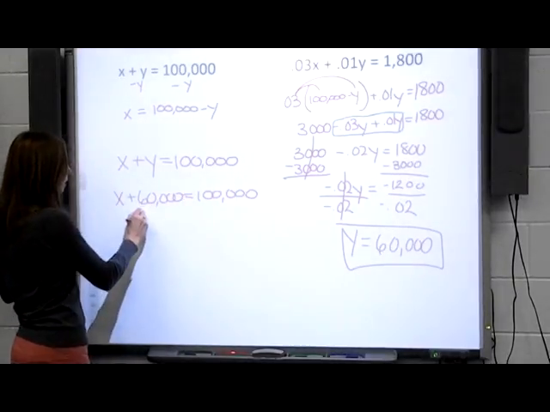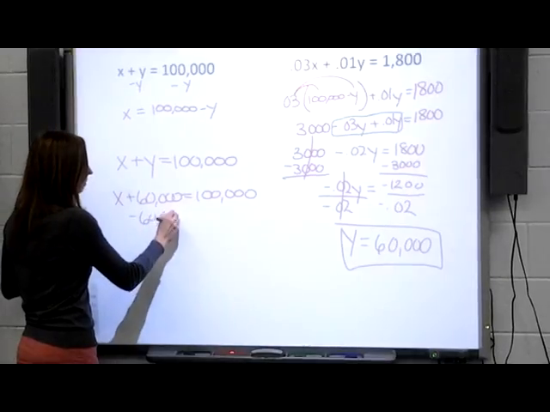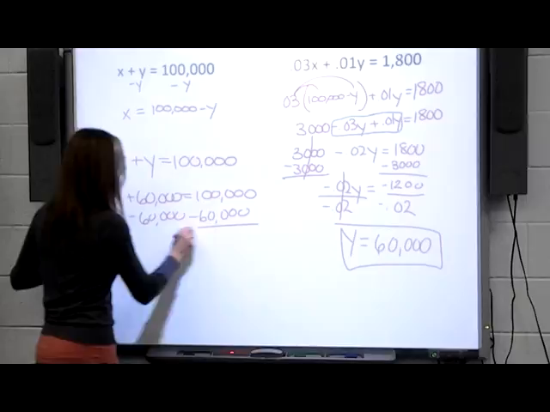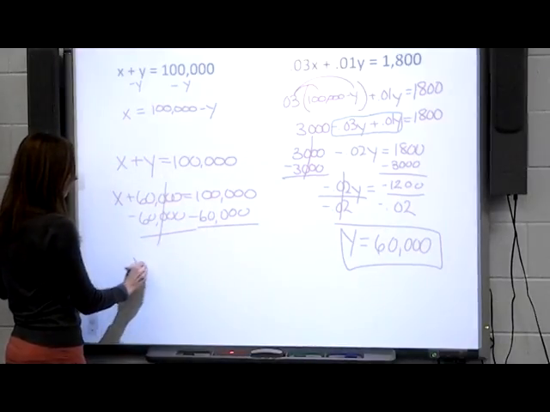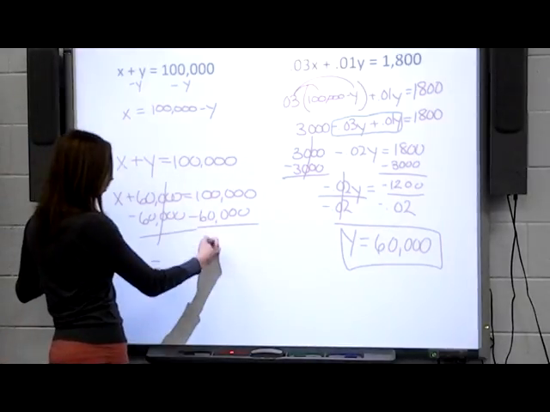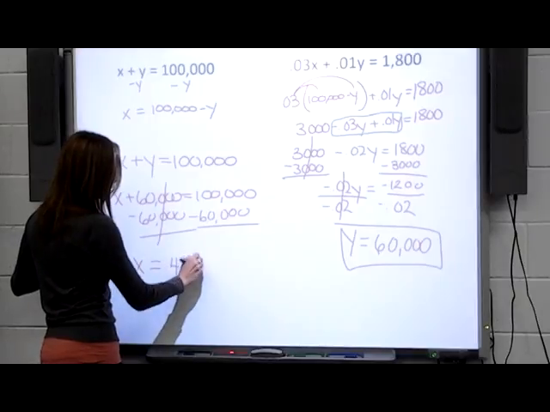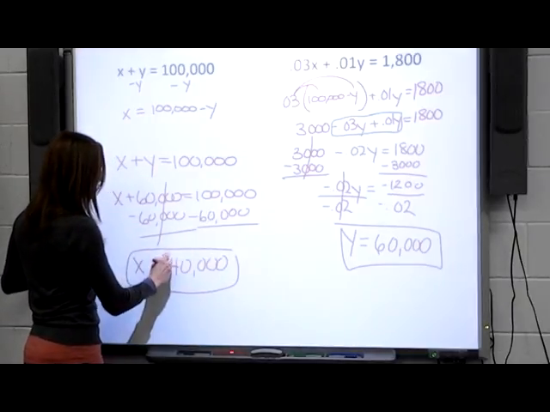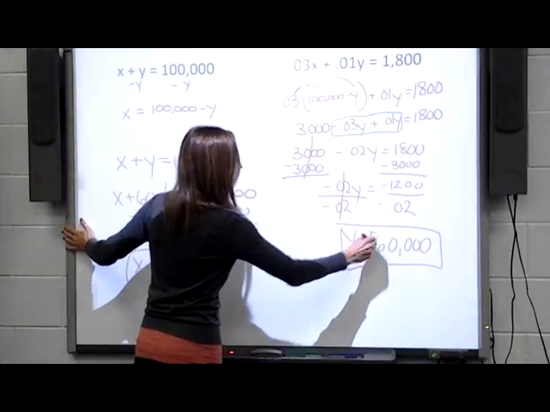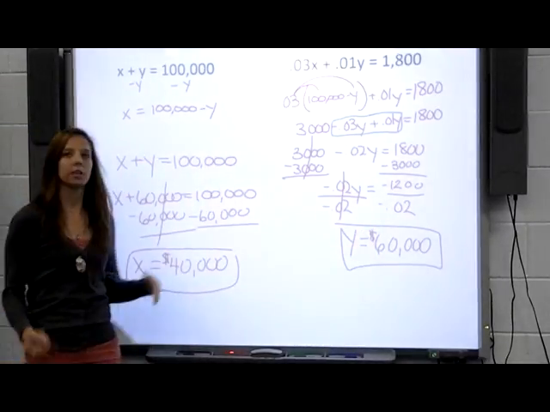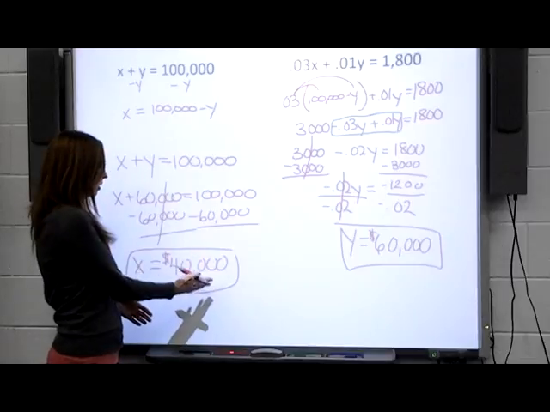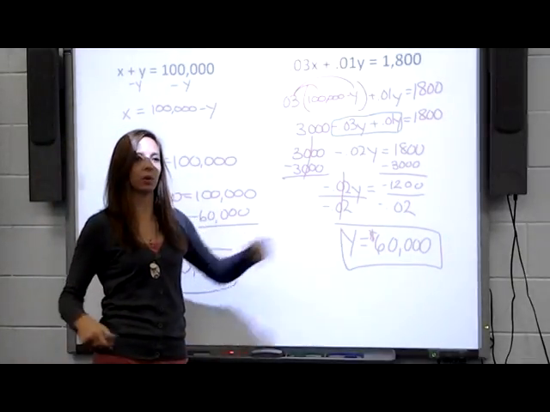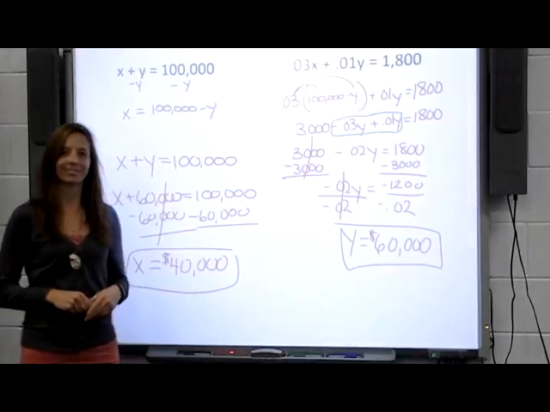And from here, if you subtract, this side cancels. We will be left with x equals $40,000. So what this information tells us is that the first investment was $40,000 and the second investment was $60,000.